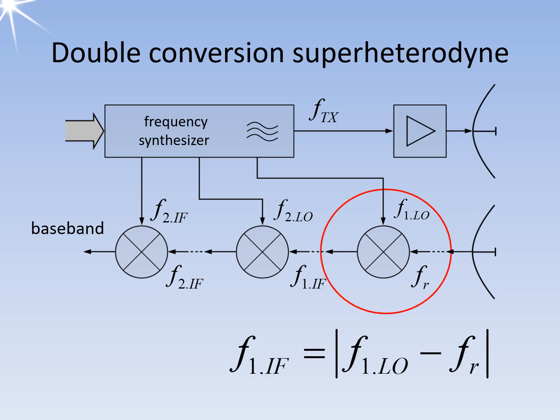The first intermediate frequency is calculated in the same way as for a simple superheterodyne receiver. This intermediate frequency has a relatively high value, in the range between 200 and 450 MHz for the image frequency rejection. A lower intermediate frequency is usually adequate for radar systems operating in the L-band, which typically ranges from 1250 to 1350 MHz.